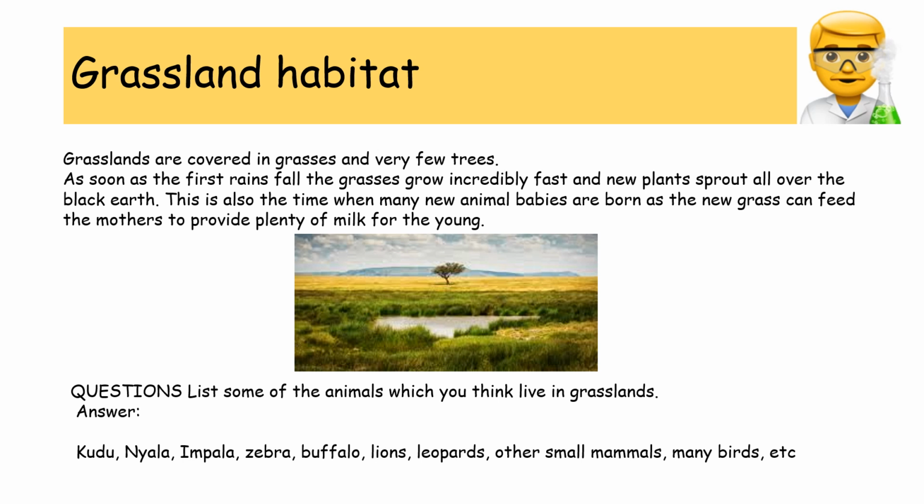Questions. List some of the animals which you think live in the grasslands. Could you name a few? The kudu, nyala, impala, zebra, the buffalo, lions, leopards, and other small mammals, many birds, etc.